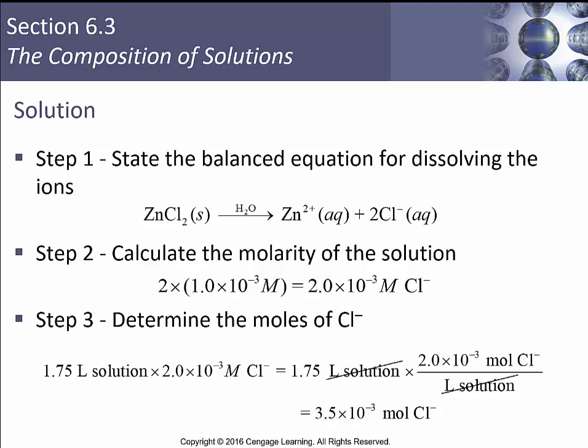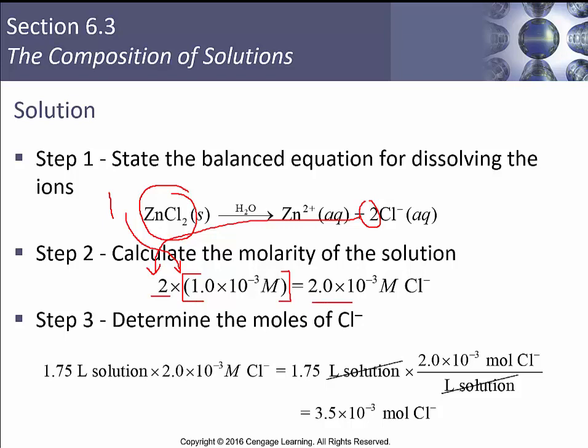Then we need to calculate the molarity of the chloride. We take the concentration of our zinc chloride and multiply it by 2, because for every 1 mole of zinc chloride, we're going to have 2 moles of Cl minus. So we've got 2 times 10 to the minus 3 molar chloride.